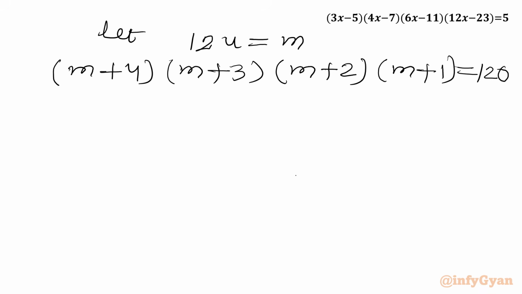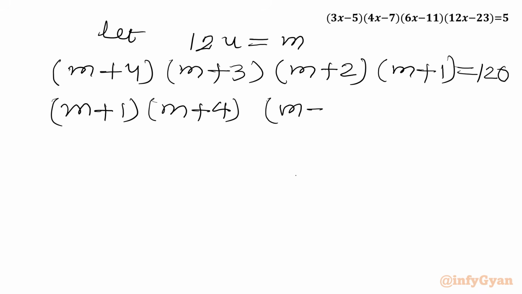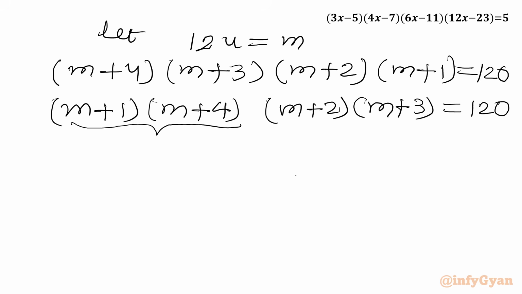Now we will club the first and last bracket together. So let me write here m plus 1 times m plus 4. Then we'll write m plus 2 times m plus 3. The right hand side is 120. Now we have to multiply these two brackets and these two brackets.